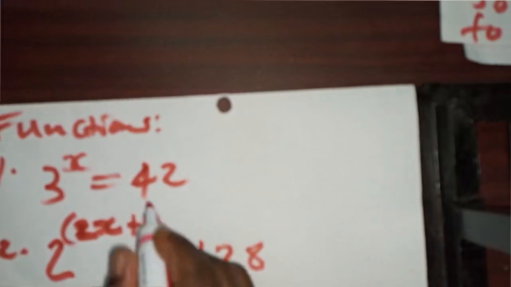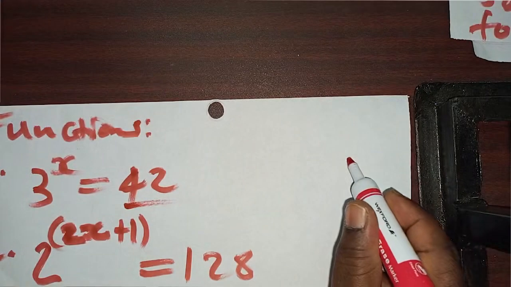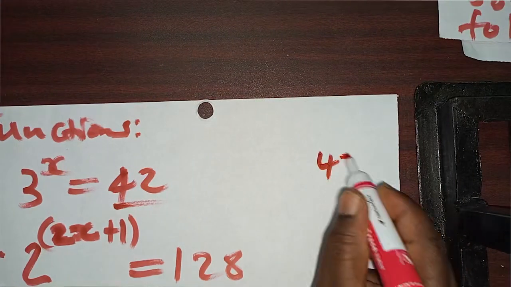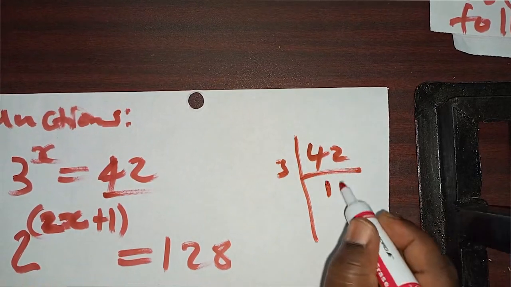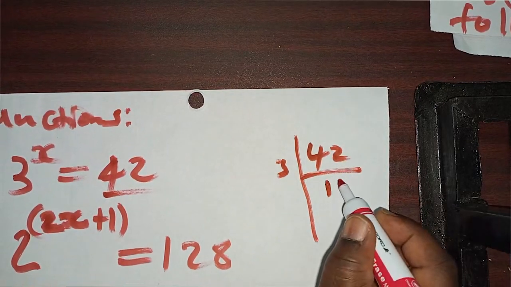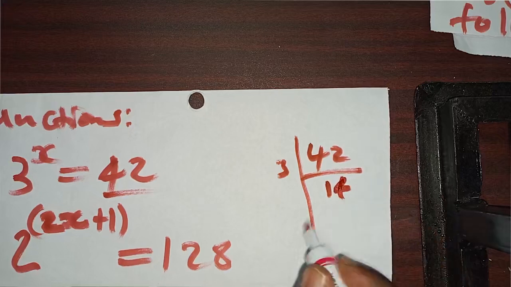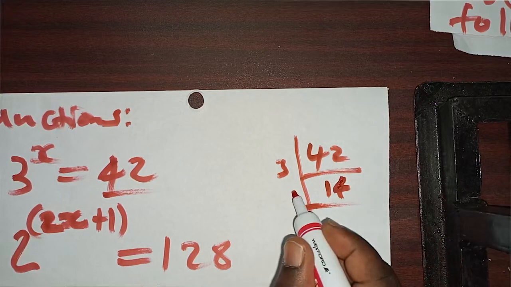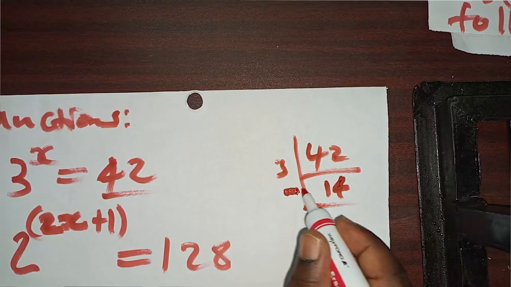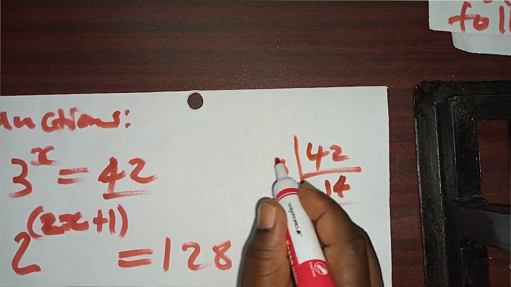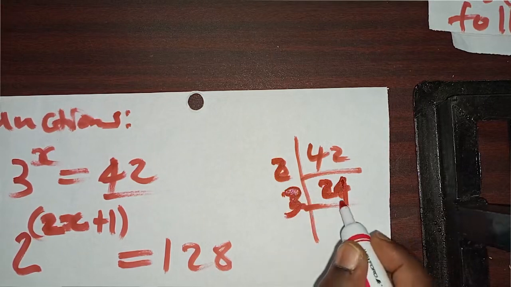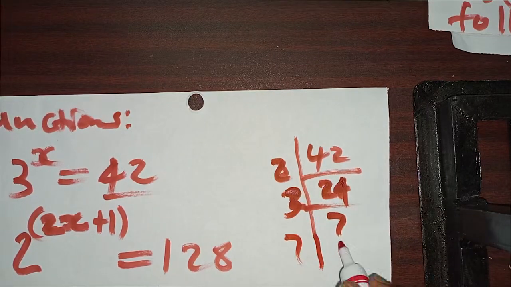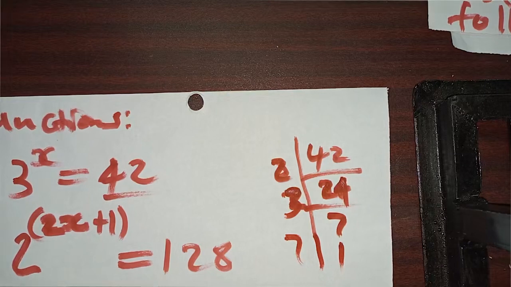Now we try to express 42 in index form, where we start dividing by 3, then 2, then 3, then 7.